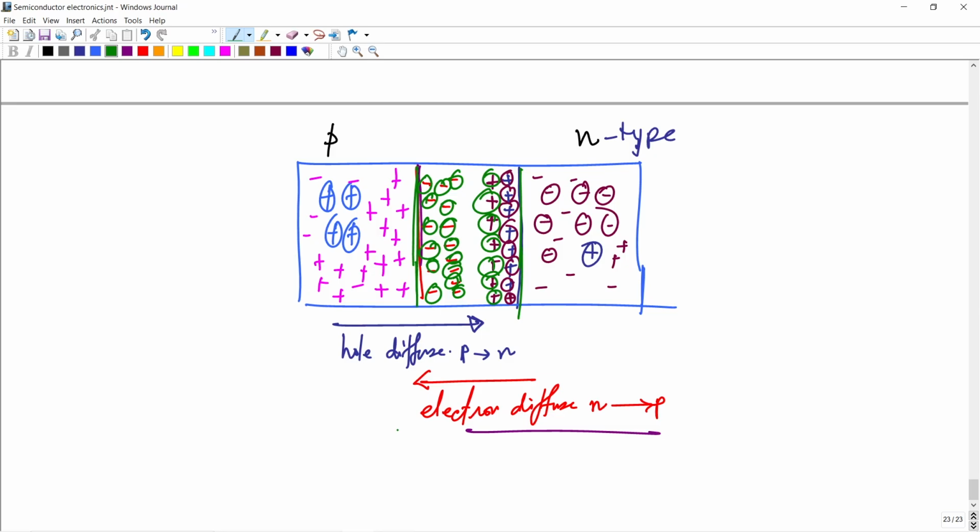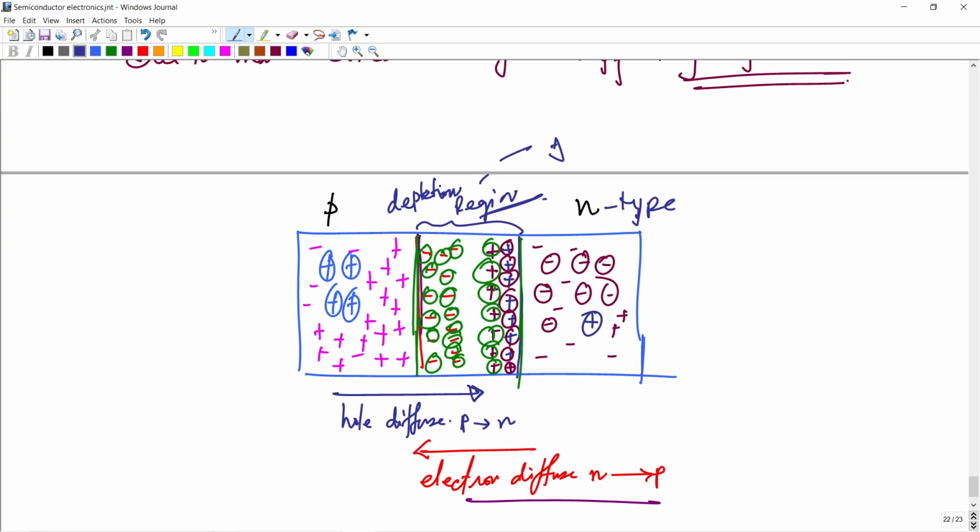Due to that diffusion, the majority carriers move. Now you see carefully, this region is called the depletion region. This region is called the depletion region, and the junction is depleted in this region.